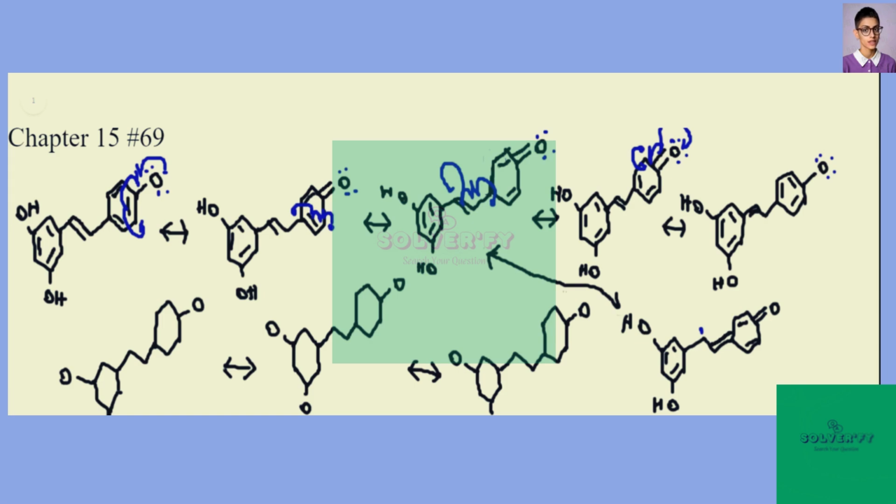Okay, and so from here, we can continue moving around this other ring, or towards this other ring, I guess. If the electrons move like that, we'll get a structure that looks like this. Now we have double bonds here and here.